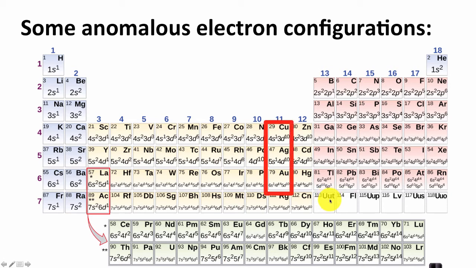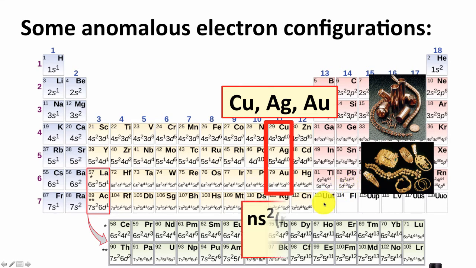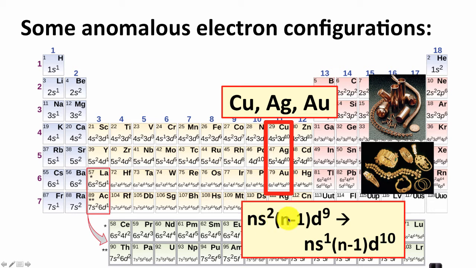And the ones that will be expected in this class are copper, silver, and gold, all of which have the same basic anomaly. Instead of being something s2, something d9, so for example, instead of being 4s2, 3d9, they are something s1, something d10. So in this case, 4s1, 3d10.